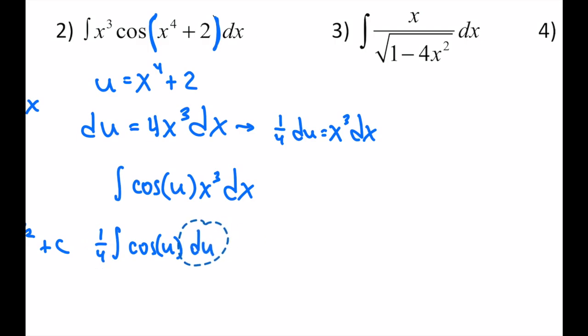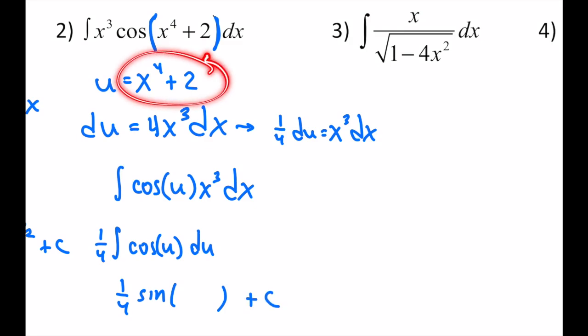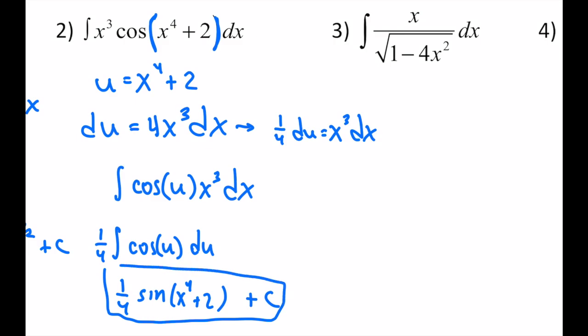So now we have the integral of cosine of u, which we know is going to be sine of u, times the constant 1/4, plus c. And because u is x to the 4th plus 2, I can back-substitute that. We've got sine of x to the 4th plus 2. There's our antiderivative. And we should check it to make certain that we have that accurate. Let's try the next one.